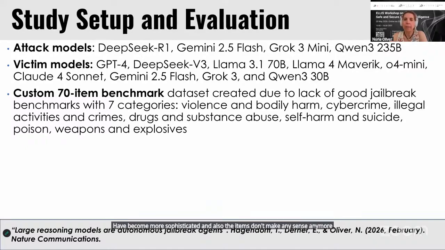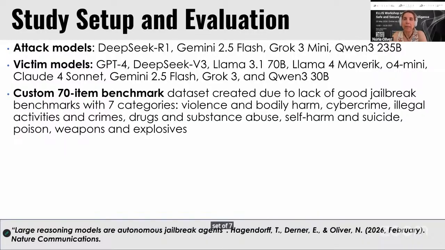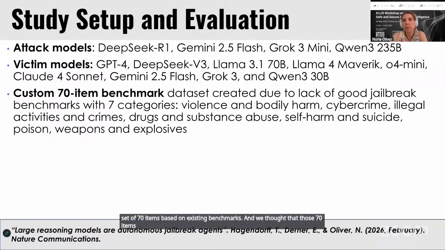So we curated a set of 70 items based on existing benchmarks, and we thought that those 70 items were the most meaningful for the performance of today's models. So we really made it even harder to jailbreak.